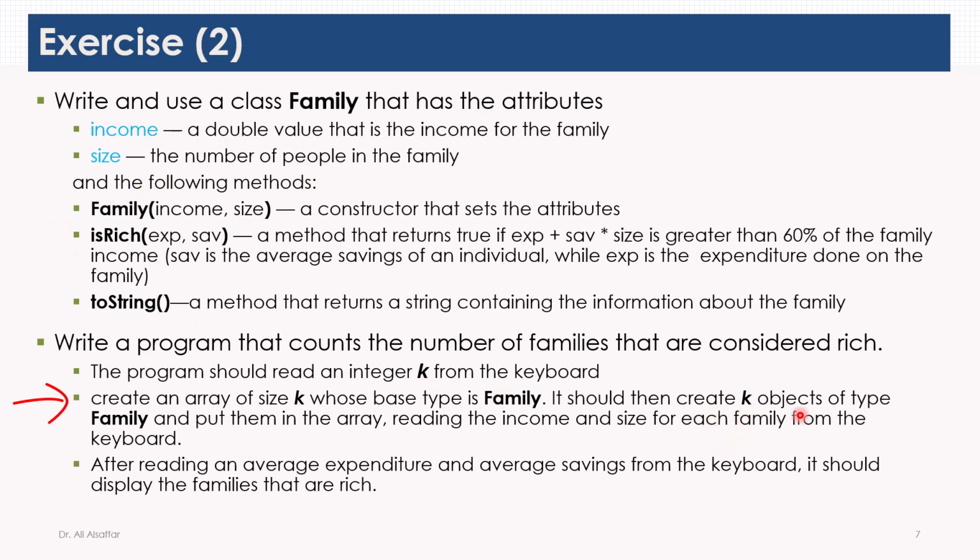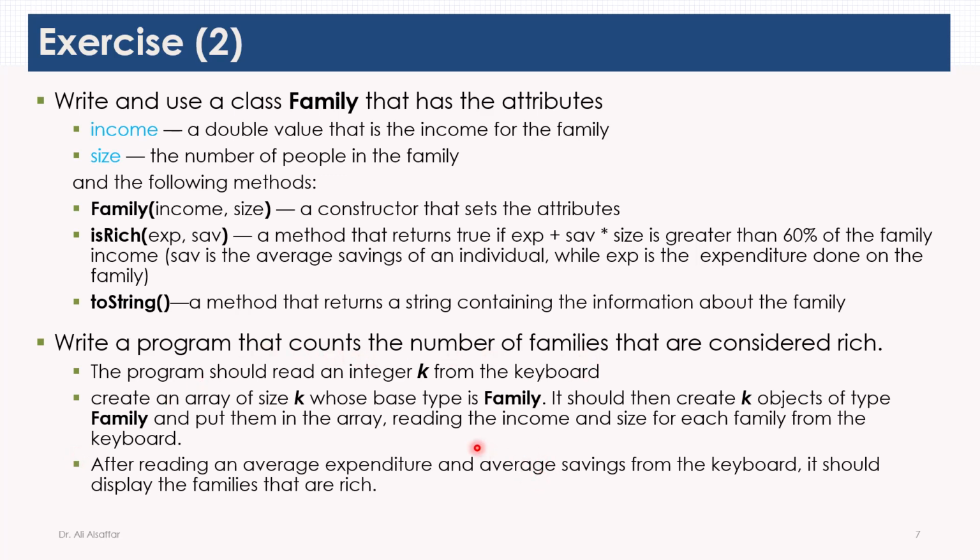It should then create k objects of type family and put them in the array, reading the income and size for each family from the keyboard. And the last step, after reading an average expenditure and average savings from the keyboard, it should display the families that are rich. So here, the last step will count the number of families that are rich.